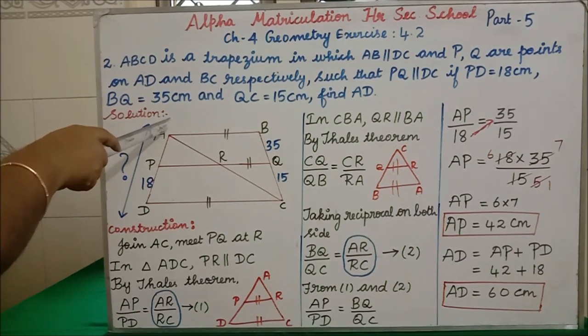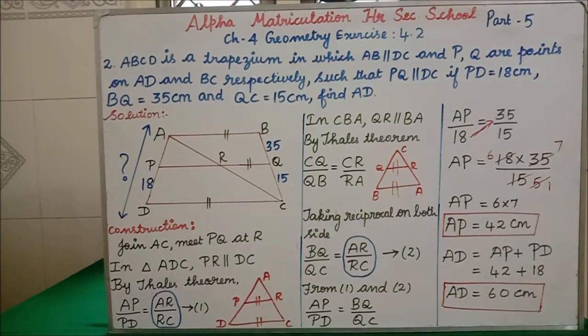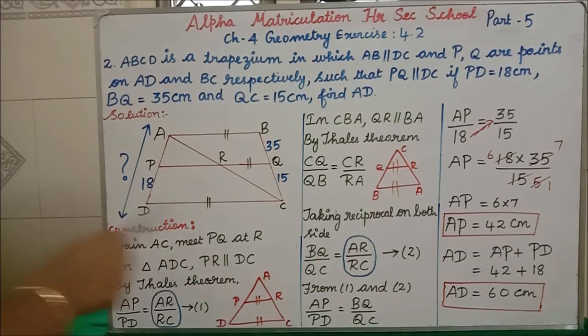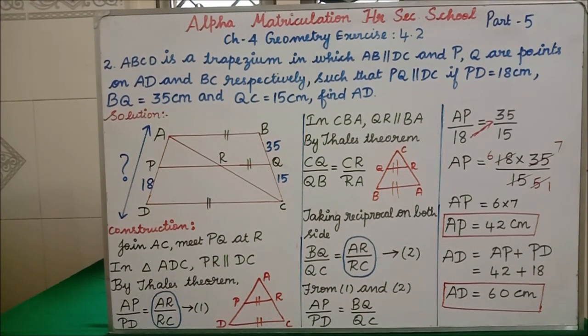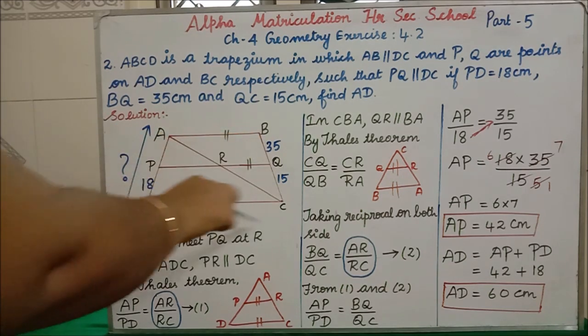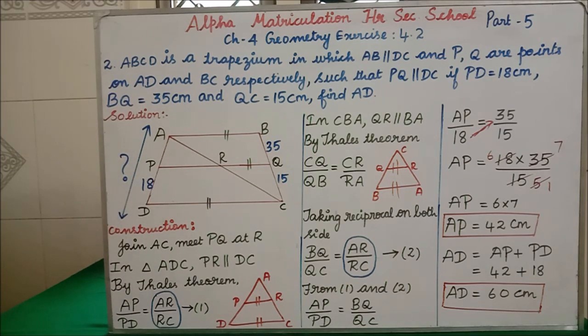Now we are going to solve the problem. First we are taking triangle ABC. Okay, in that triangle, now you have drawn ADC separately. Here, PR is parallel to DC, isn't it? But in the question they have said that PQ, the full line, is parallel to DC, which means this part is also parallel to DC only.